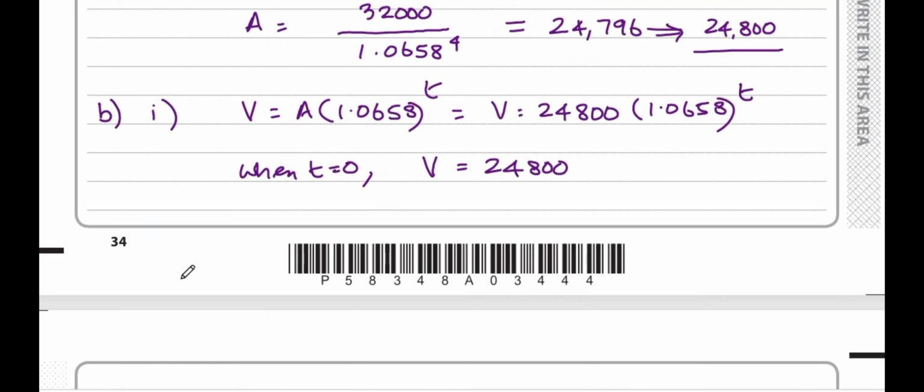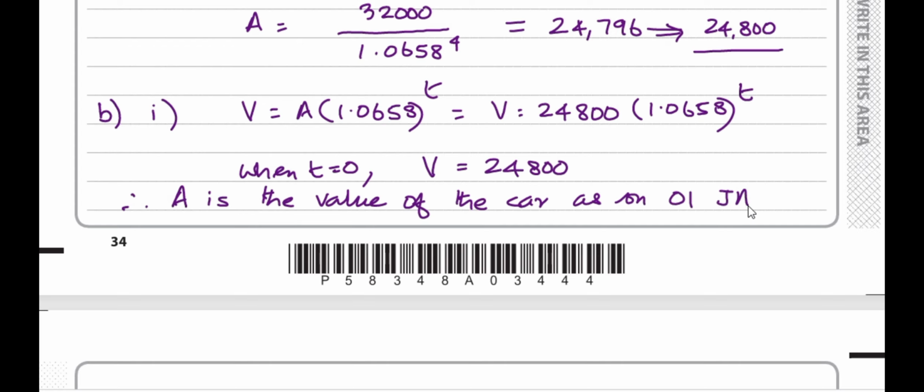So we can very safely say here that A was 24,800, the value of the car as on 1st January 2001. Therefore, A is the value of the car as on 1st January 2001 when it was valued for the first time.